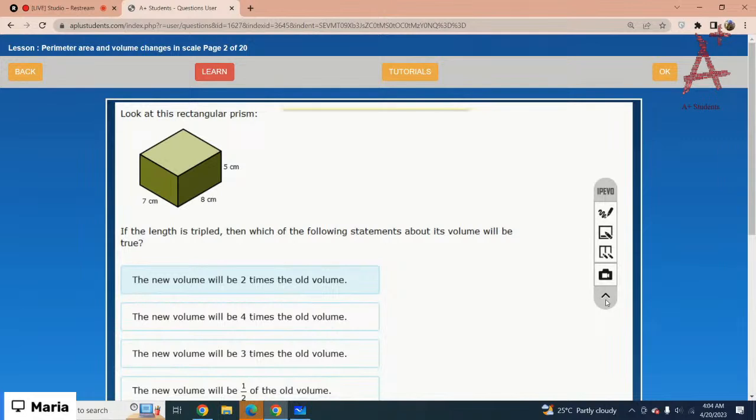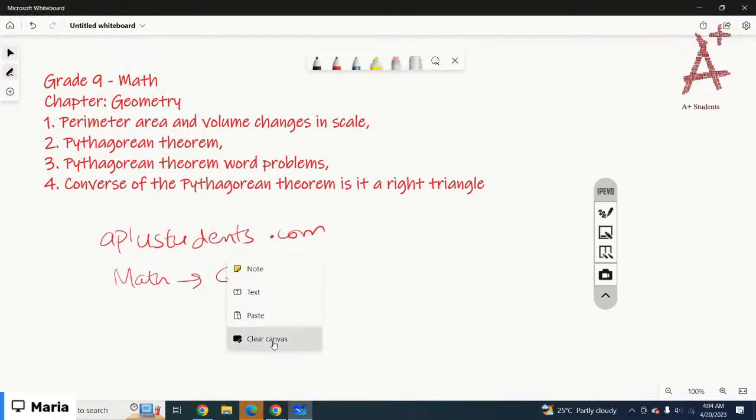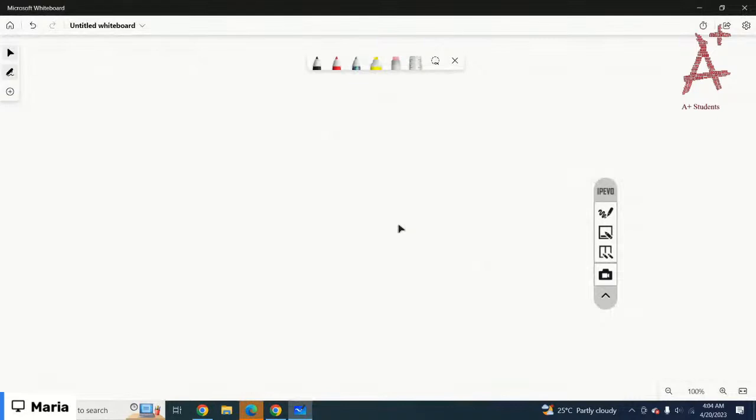It would be length times width times height. The volume is V equals length times width times height.